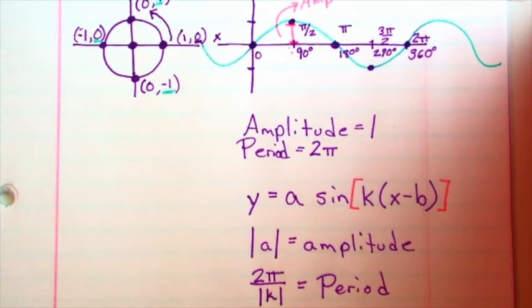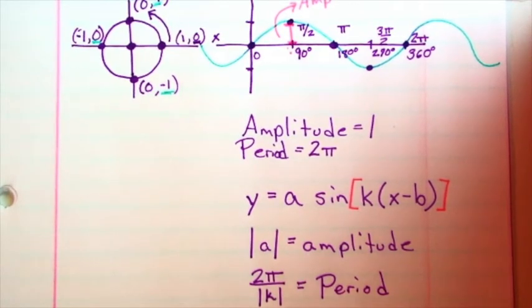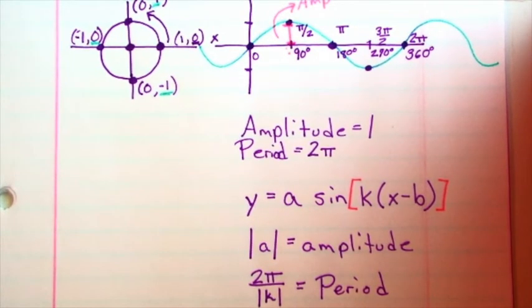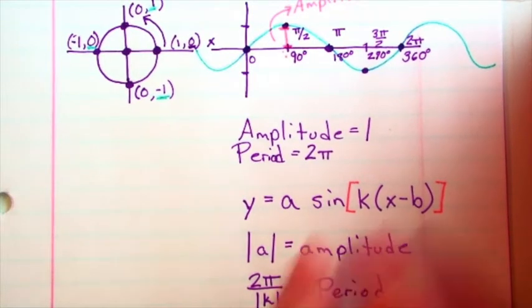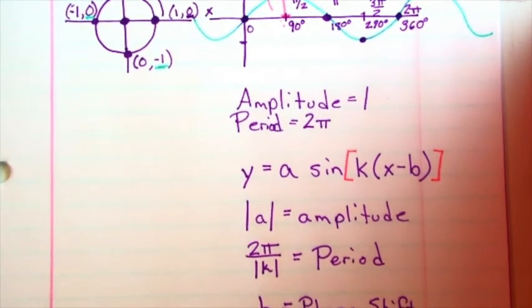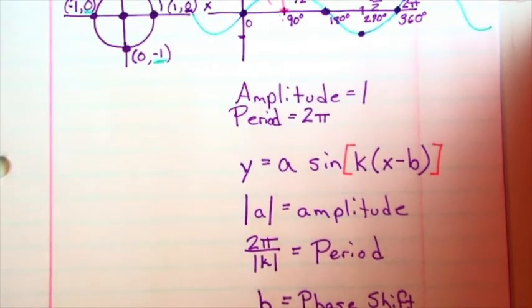And B, we call it the phase shift, but it means the same thing as a horizontal shift. So remember, the phase is how wide this is, so this is called the phase shift or the horizontal shift, so how much we shift it from side to side.